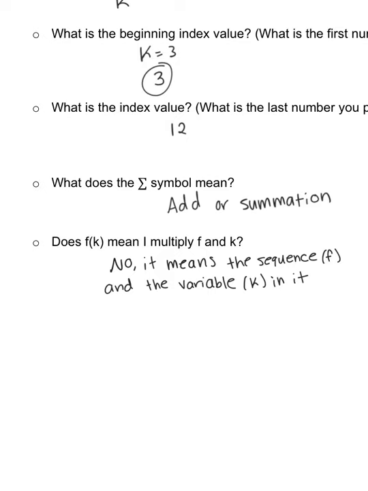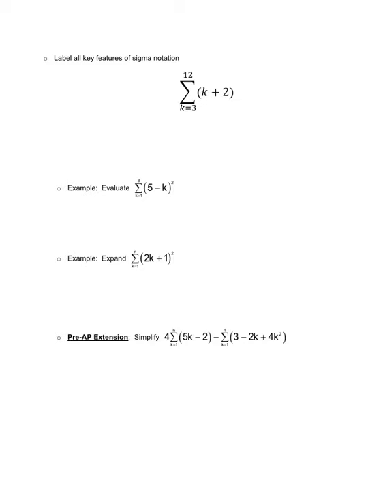Okay, so that is just kind of a mapping of these different things. So on the next page, let's actually map out what these things are. Same example. So the K equals 3, this is our beginning index value.